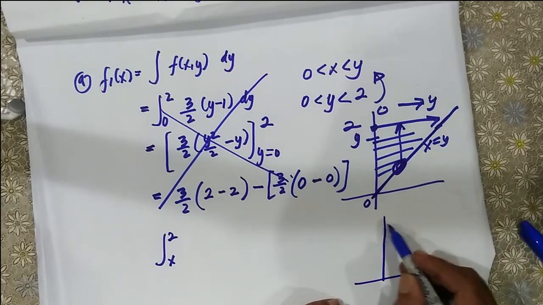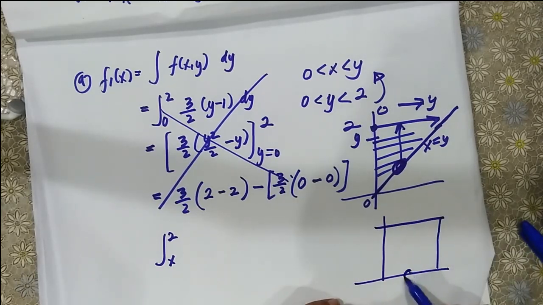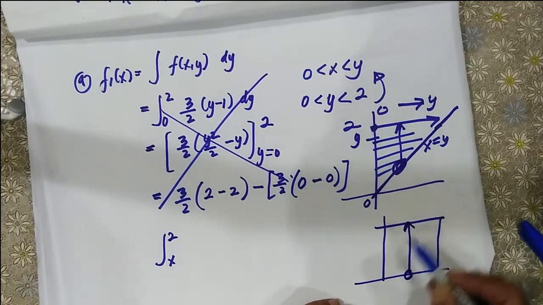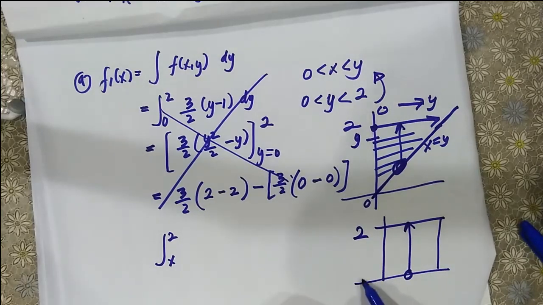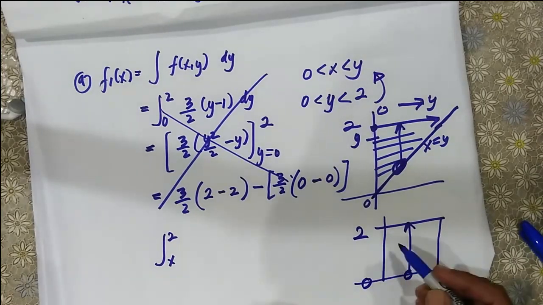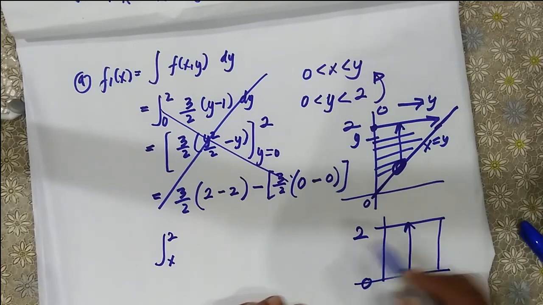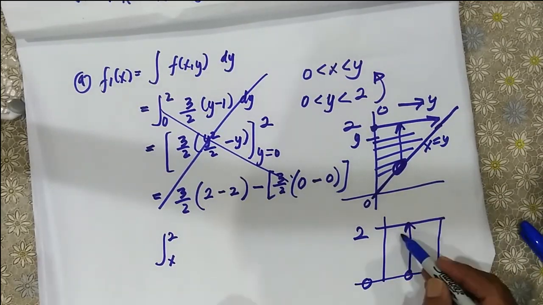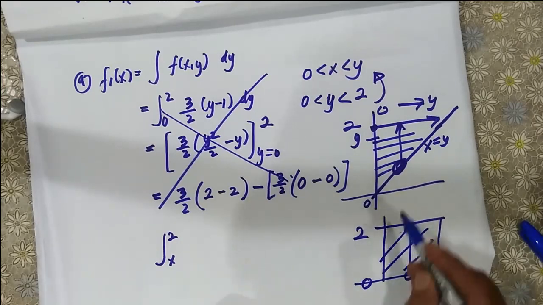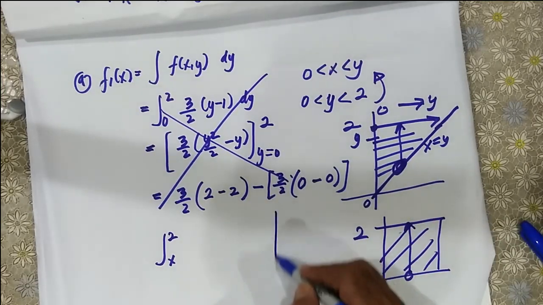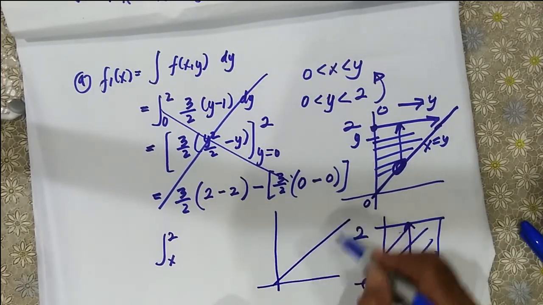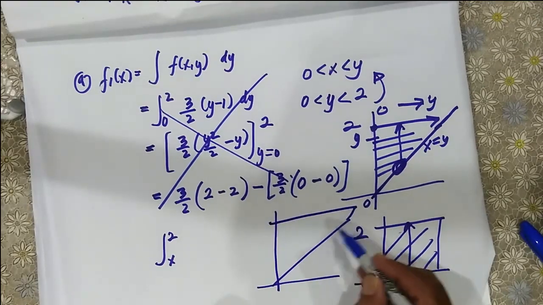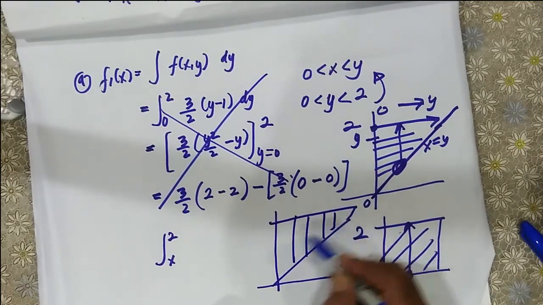meaning to say we are looking at this area. Here is 0 to 2, here is 2, here is 0. In this case, the graph is like this, and you want to find this particular area.